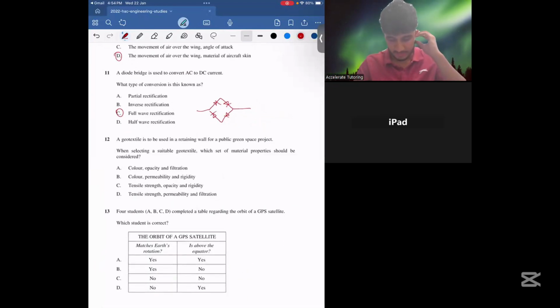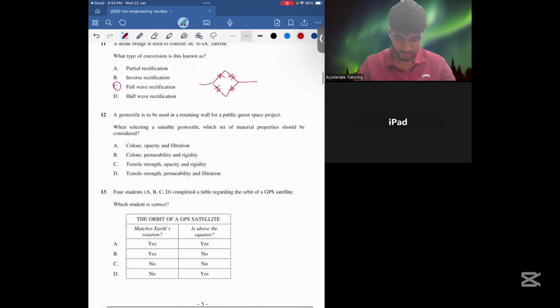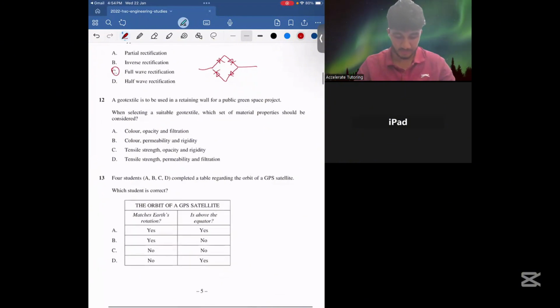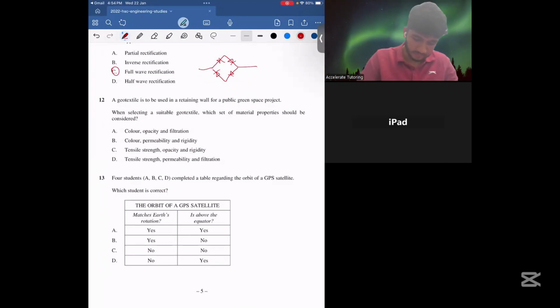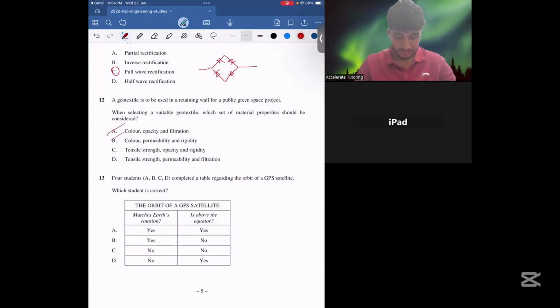Now, question 12 says, a geotextile is used in the retaining wall for a public green space project. When selecting a suitable geotextile, which set of material properties should be considered? Color is not important because geotextiles are underground, so it doesn't matter what color it is. Tensile strength is important. The opacity is not important. Permeability is. Rigidity, not so much.